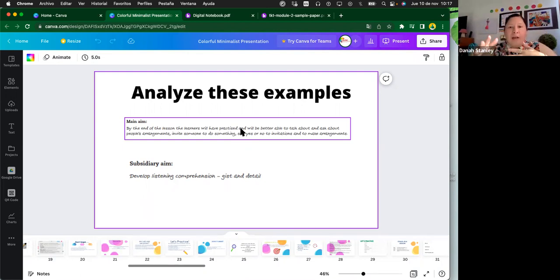I have had teachers that tell me, ay, no, pues es que yo les presento los verbos y hacemos un repaso de verbos regulares, irregulares, y luego en ing, luego no sé qué, y se van, y se van, y se van, y el main aim, ay, se quedó volando.